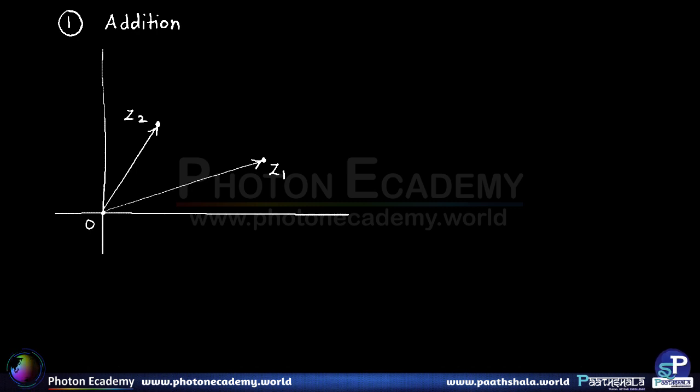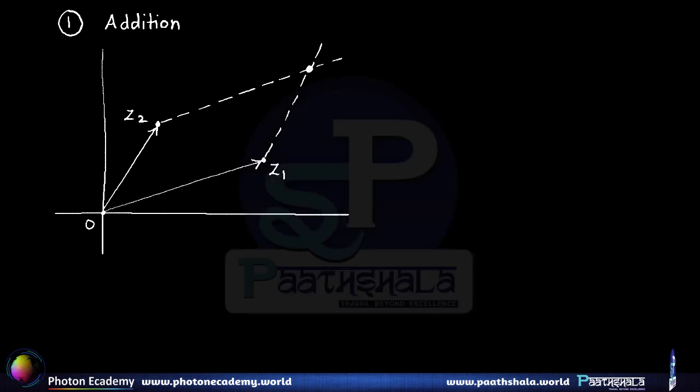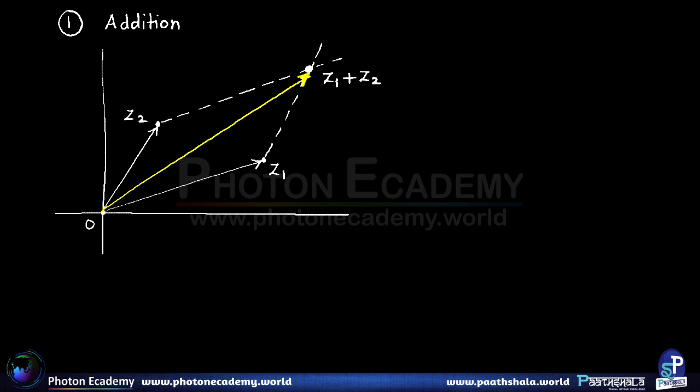So that means we have to complete the parallelogram, as shown here, as we are familiar with this process. So the other end of that particular diagonal will represent the tip of the required vector. So that means this particular vector that we have got as the common diagonal represents nothing but z1 plus z2.